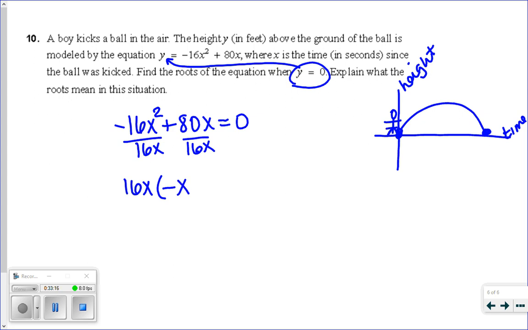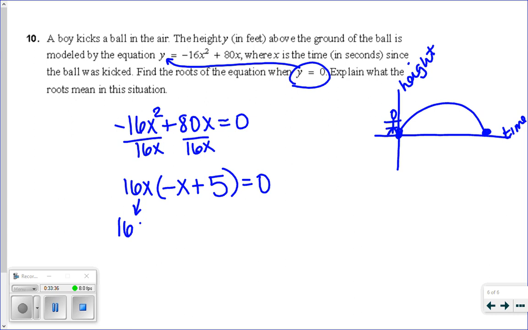Negative 16 divided by 16 is negative 1, and x squared divided by x is just x. In the second term, 80 divided by 16 is 5, and x over x cancels, or becomes a 1. So that is the factored version of the equation, and then I can use the zero product property to find out what those roots are.